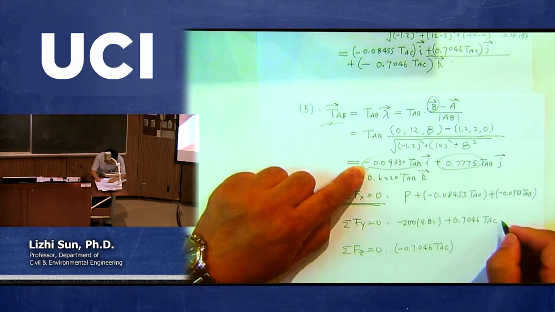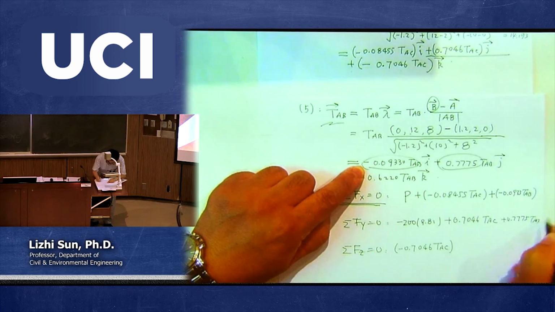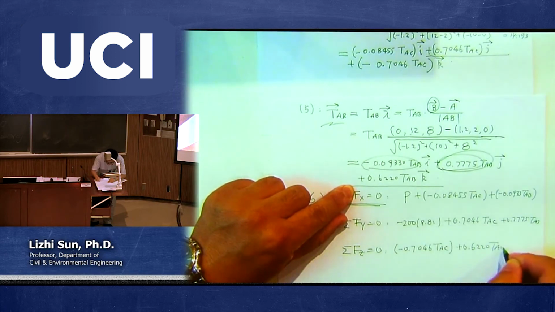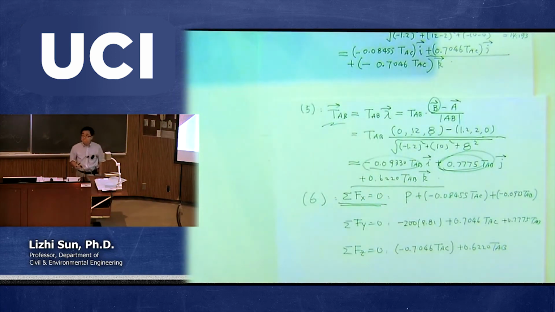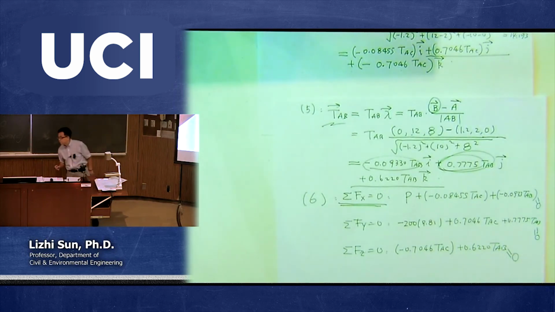And this is the z component, plus 0.6220 T_AB. So we're now ignoring any other forces. There are only four forces, right? So then you say this equals 0, this equals 0, and this equals 0.